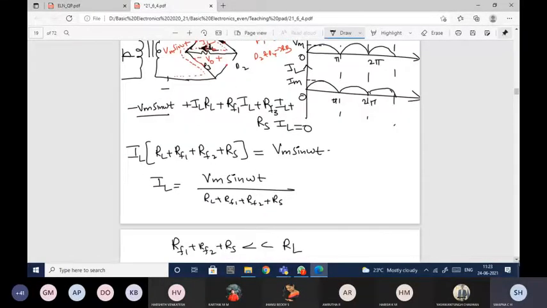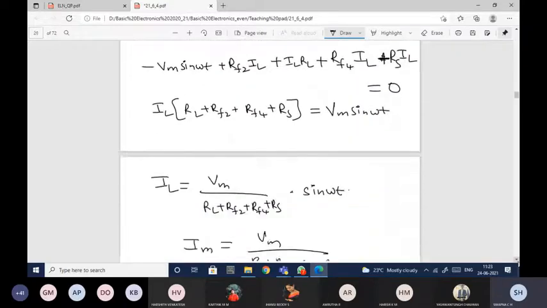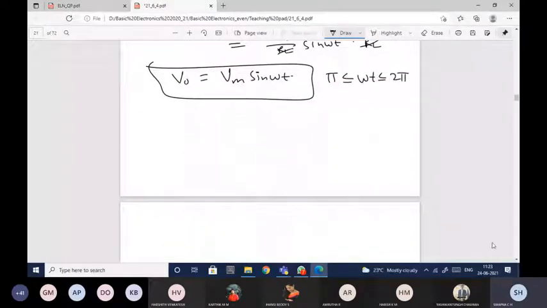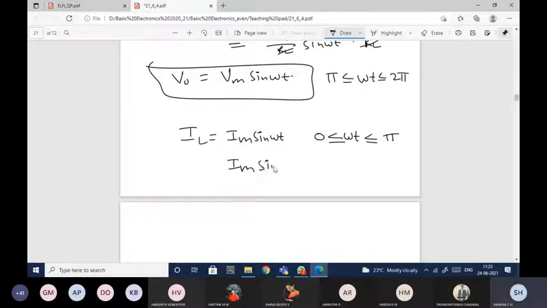If you summarize the entire result, the equations pertaining to your bridge rectifier are: IL is equal to Im sin omega t for 0 less than or equal to omega t less than or equal to pi, and also equal to Im sin omega t for pi less than or equal to omega t less than or equal to 2 pi.